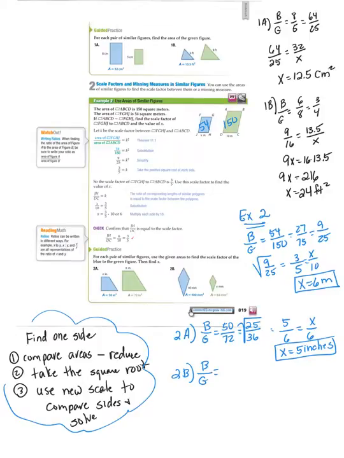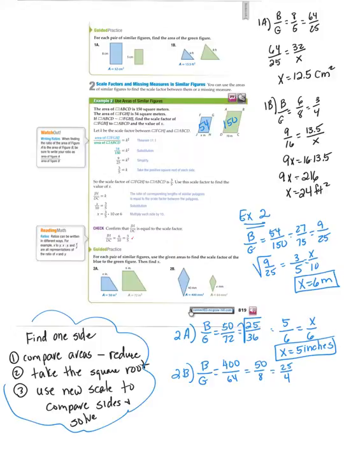We're going to compare area to area, so 464. Let's reduce those. Let's see, I know that 8 goes into each. And then, let's see, what do we need to do next? I divide by 2.